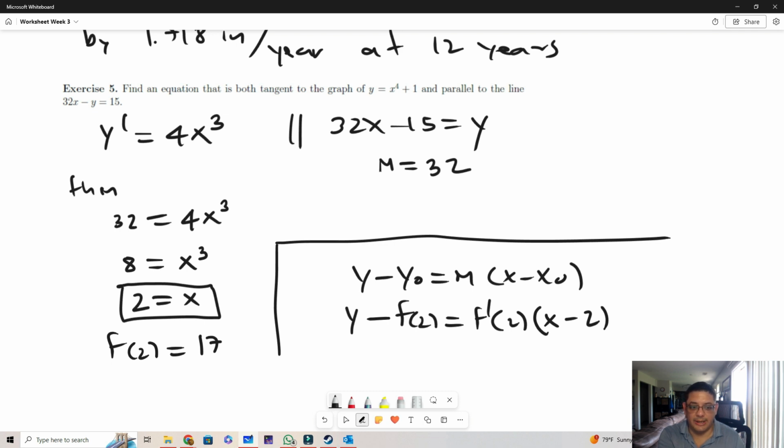Now we also know that f prime of 2 has to be 32. So at this point we can just plug in the values that we know. And this is going to be the equation of the line that is both tangent to this graph at the point x equals 2, and parallel to the line 32x minus y equals 15.